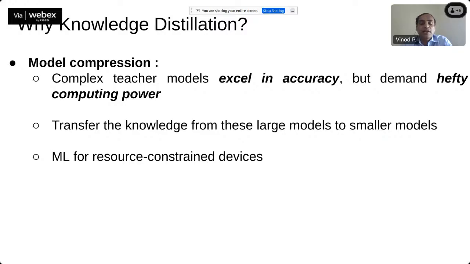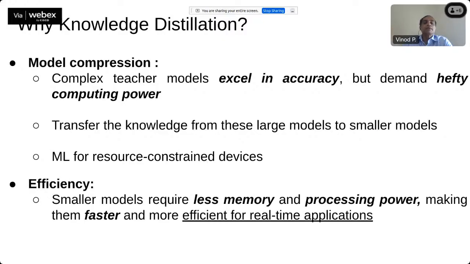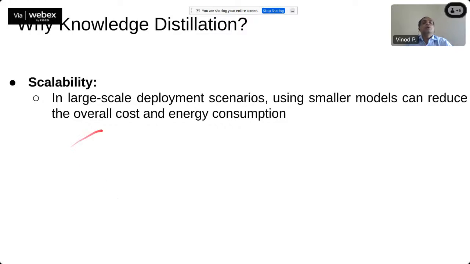By doing so, we can deploy such models into devices which have less computational capacity and which are battery operated. In terms of efficiency, the smaller models require less memory and processing, and thus they are effective for real-time applications. Also, knowledge distillation is beneficial in terms of scalability, so they are more scalable solutions.